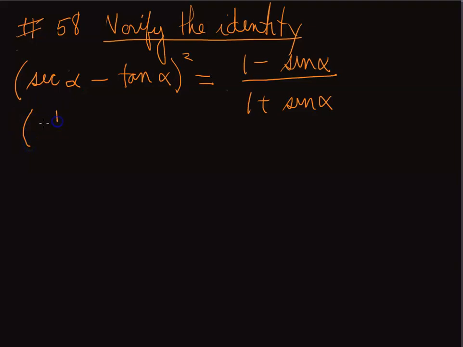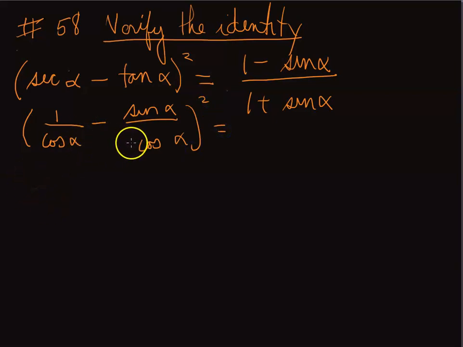So secant is 1 over cosine alpha, and tangent is sine alpha over cosine alpha, and that's squared. So it's easier to square a single fraction. So let's see.